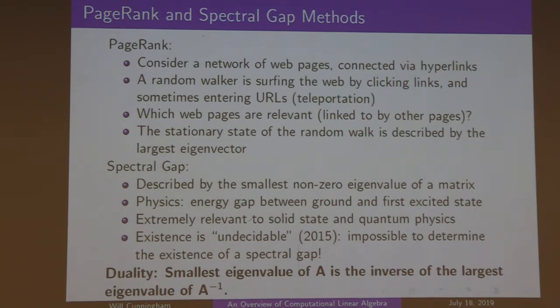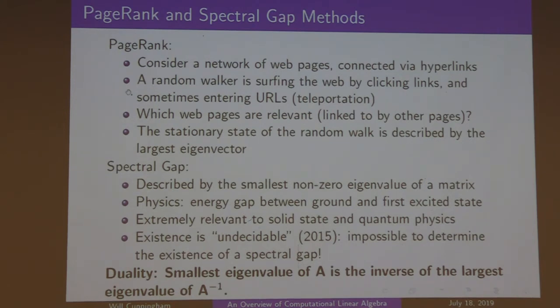You want some way of ranking nodes in a network by importance. One way to measure importance is how often a page is linked to by other pages, okay? So you can have your own private website and link to every single page on the internet, but that doesn't make you important. It makes you important if everybody else decides to link to your page, as if it's Wikipedia or something.